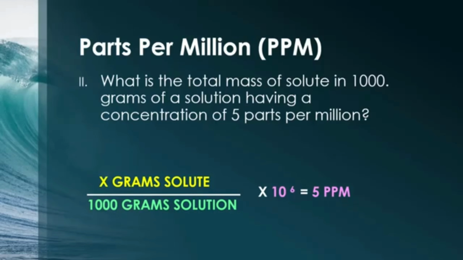So we can easily solve this using simple algebra to isolate x. So in order to get x by itself, the first thing you should do is divide both sides by 1,000,000. Then you will multiply both sides by 1,000 so that you can isolate x.